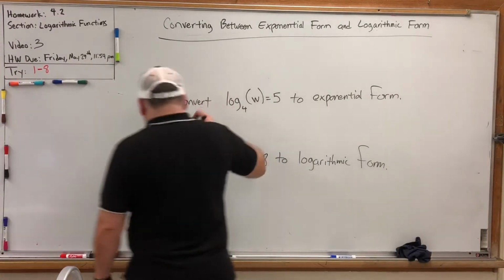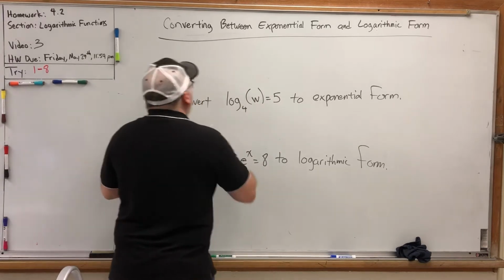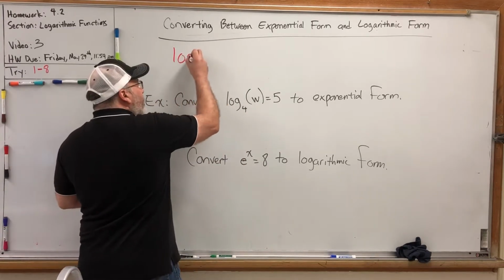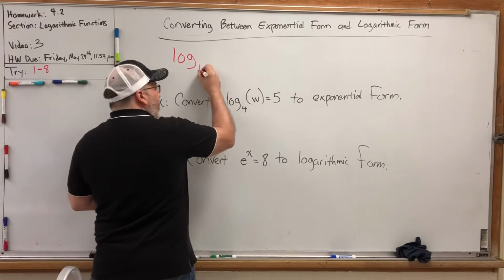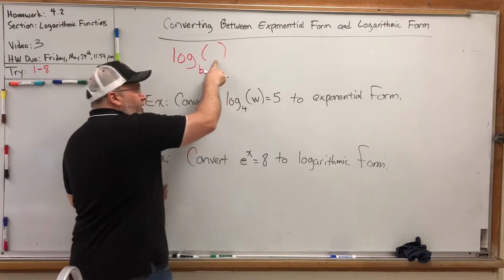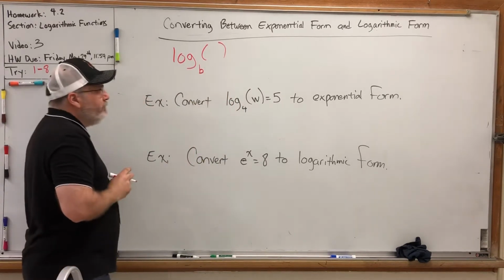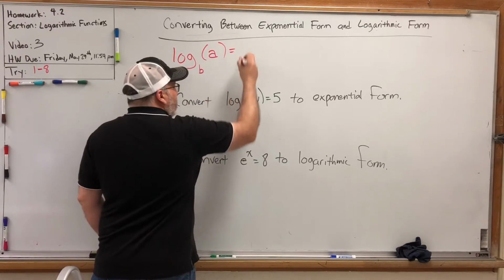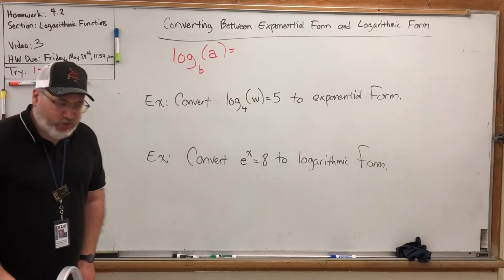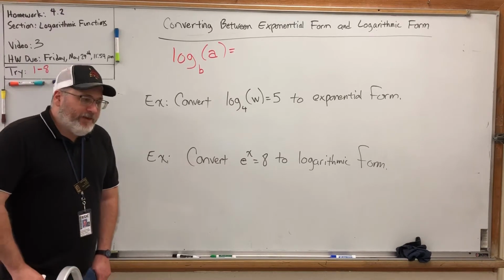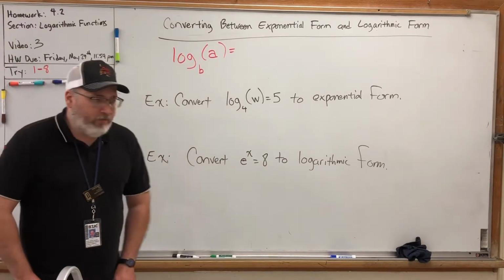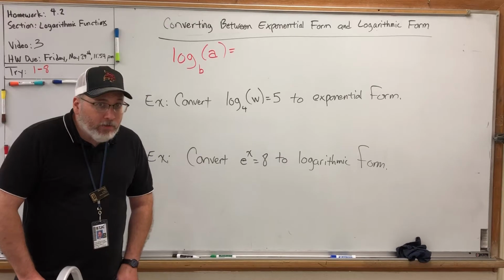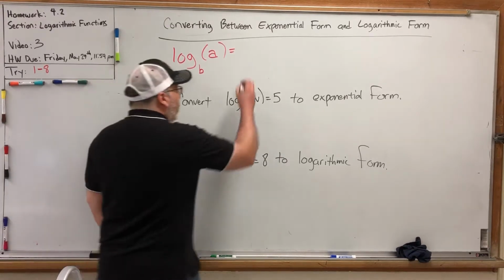If you have a logarithm problem with a generic base, so we'll call it b, and a generic argument, let's use a for argument, with a generic answer. Keeping in mind that the answer to a logarithm is a power, I'm going to put p for power.